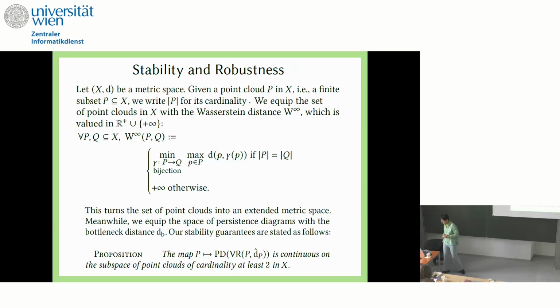So the stability results can be read at the very end of the slide, which says what? It says that we have a kind of continuity of the map that maps my point cloud to the persistence diagram of the Rips filtration of this point cloud with the corresponding semi-metric that I considered, which is continuous.